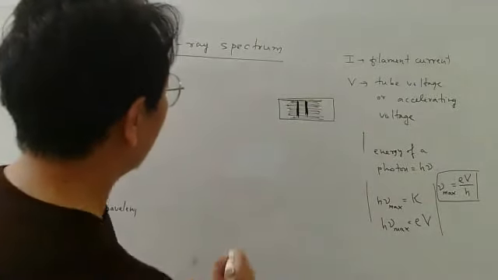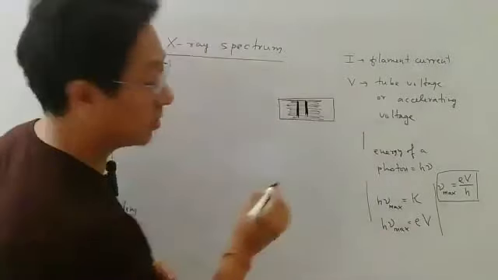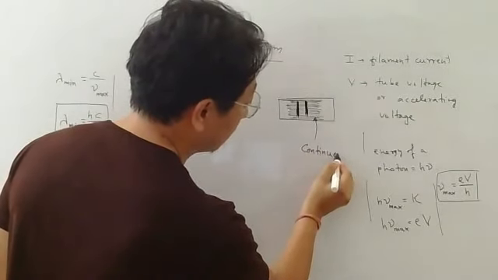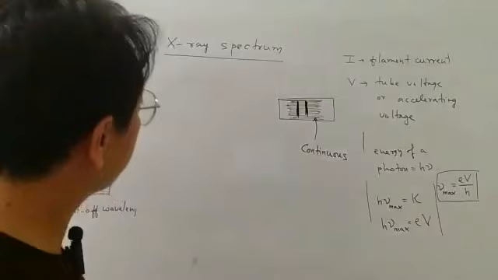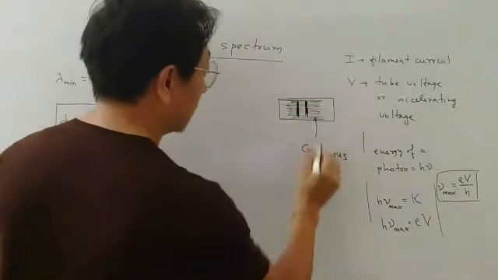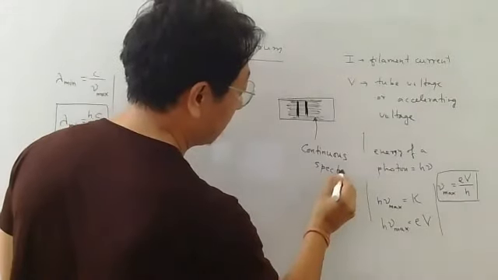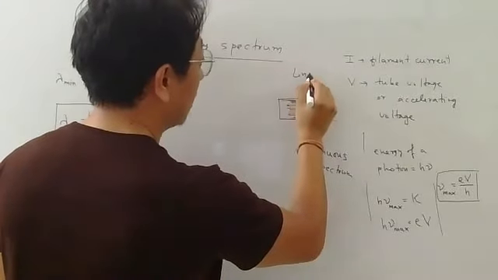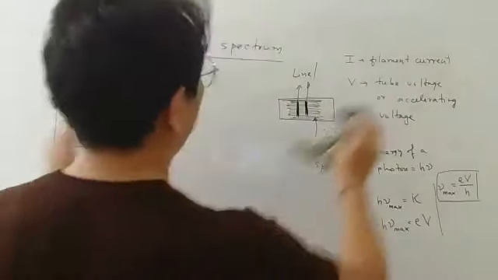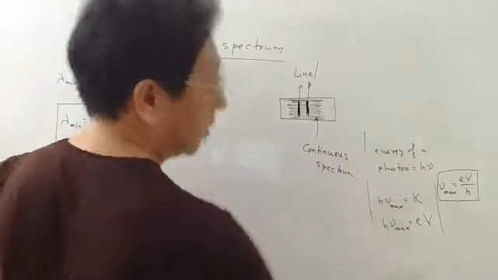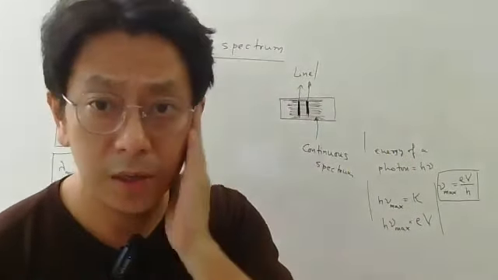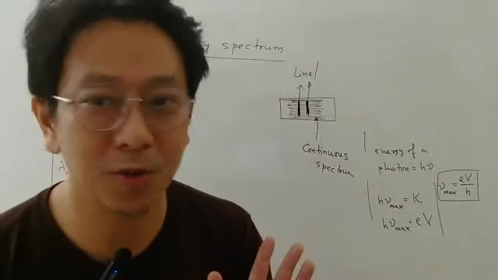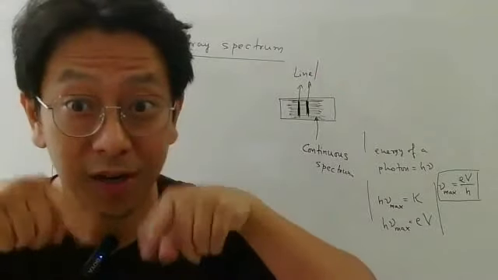That means this spectrum has two names. This is called your continuous spectrum, the continuous X-ray spectrum. And these lines that you see here are called your line or characteristic spectrum. Why do we call it characteristic? Do you know that in chemistry they say each atom has its own particular spectrum? Yes or no? Sodium has those two very popular yellow lines.